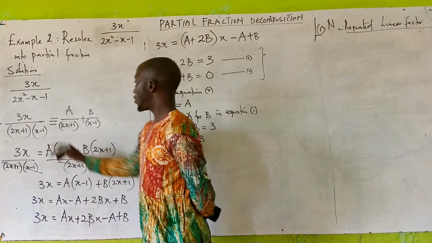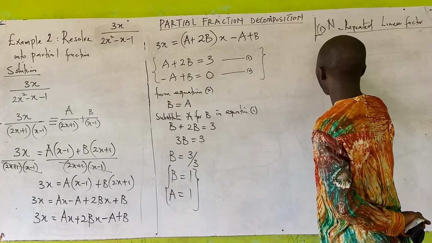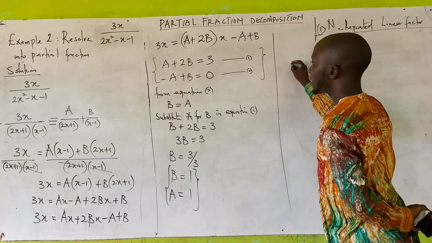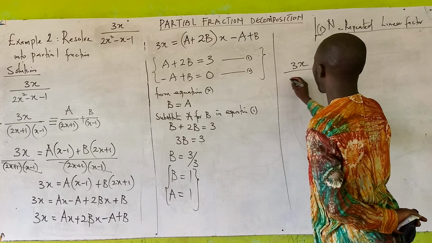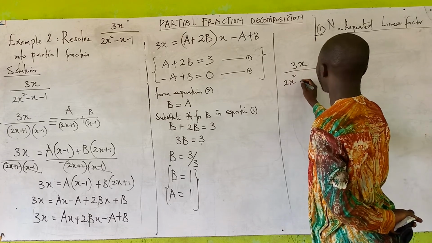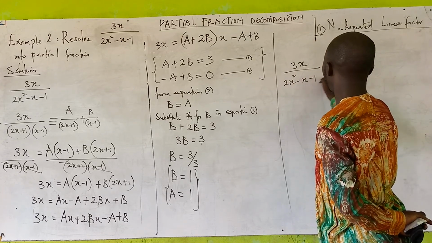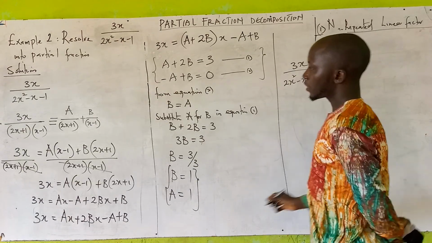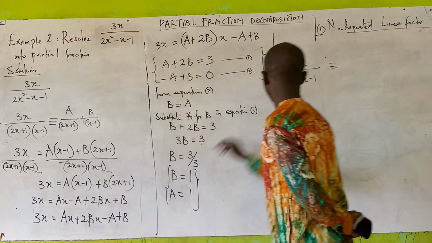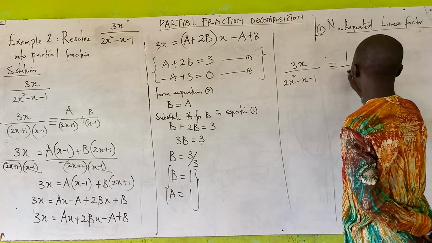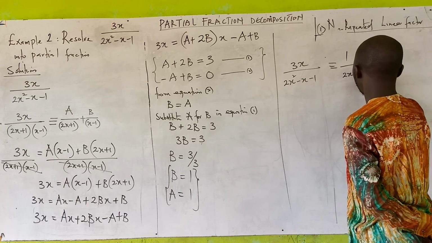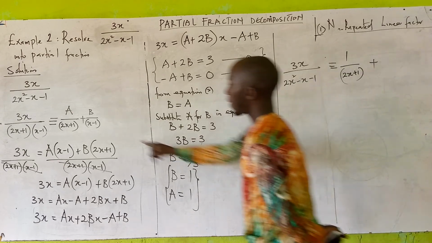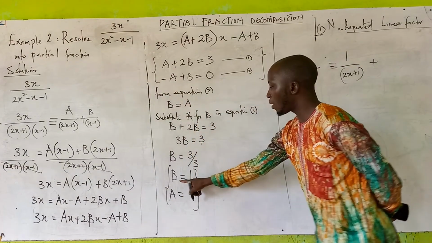Now we go back to this and write 3x divided by 2x squared minus x minus 1 equals to, instead of a now, just write 1 divided by 2x plus 1 plus b. Instead of writing b, our b equals to 1.